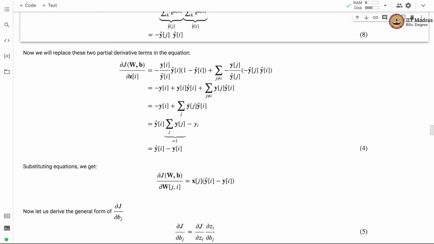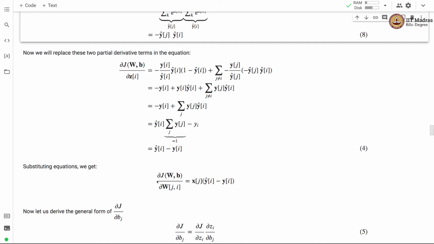So we are taking this particular second term in the place of the first term and the first term is copied in the place of the second term. So we have yi hat into the sum over all j's of yj, minus yi, and you know that the sum of yj's over all classes is equal to 1. So this will effectively become yi hat minus yi.